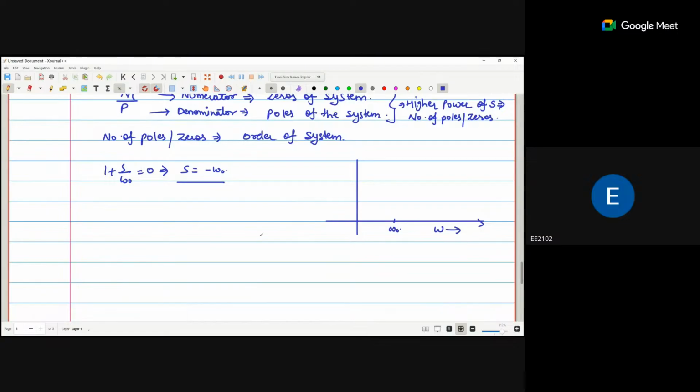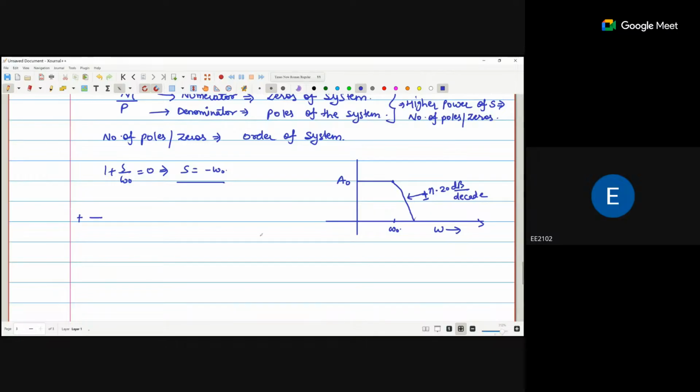Now, before this pole, we have a constant gain A naught. And after that pole, we have a slope of n times 20 dB per decade, or we can say plus or minus n.